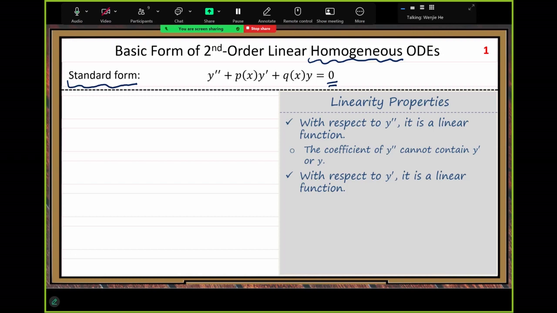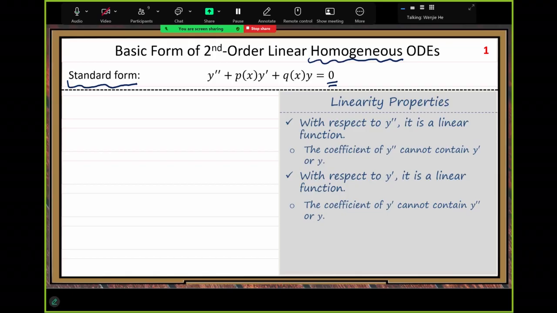Similarly, with respect to y prime, it is a linear function. The coefficient of y prime cannot contain y double prime or y. Similar requirement, but this time we focus on the particular symbol y prime.